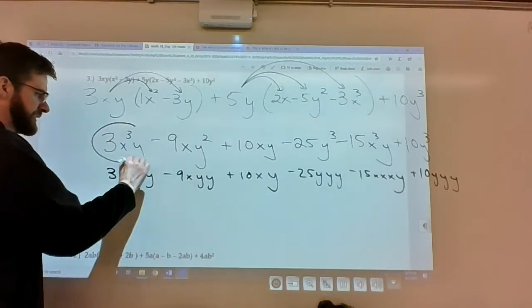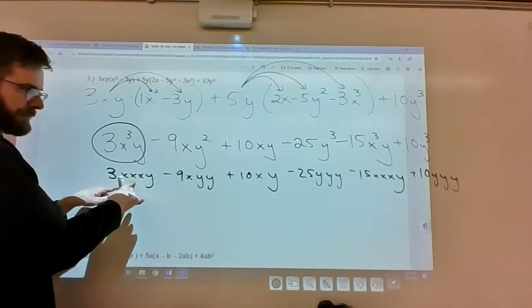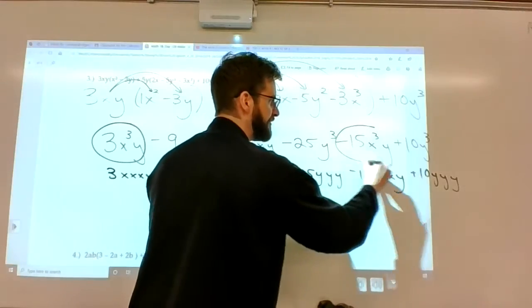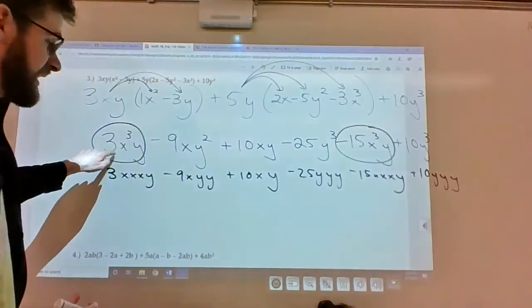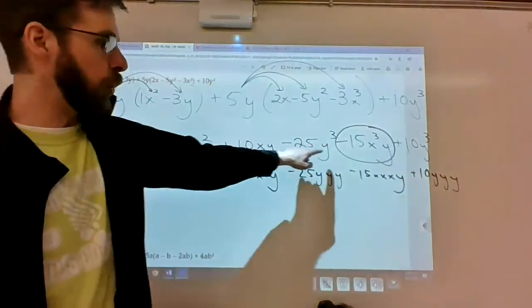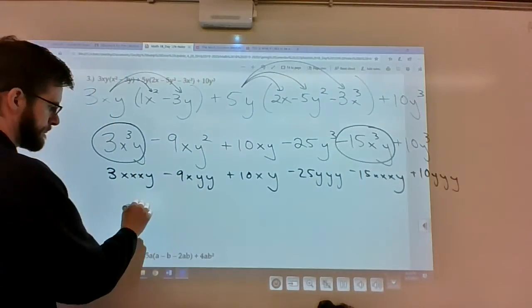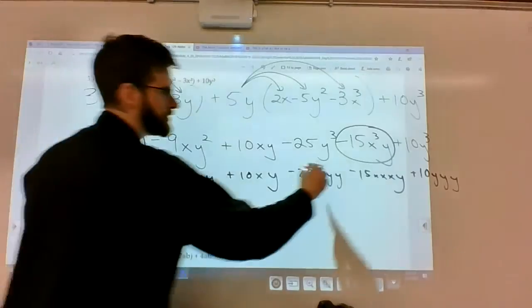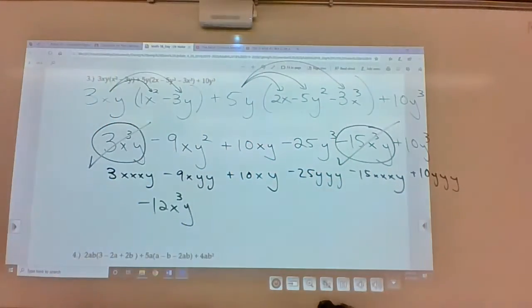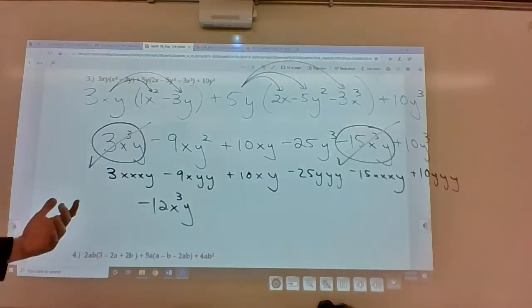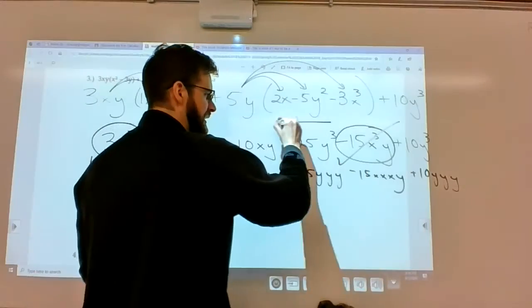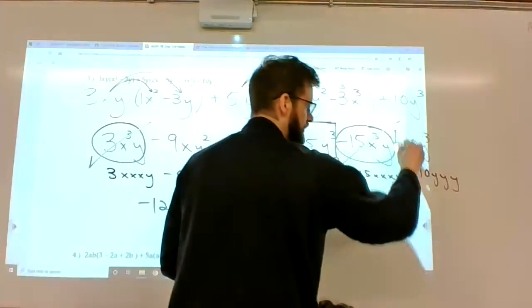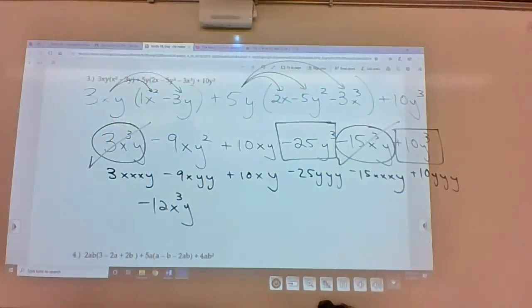So the first one I'm going to take is 3x cubed y because it matches with negative 15x cubed y. That's going to be a negative number, negative 12x cubed y. And then check that off the list. We got it. It appears that the y to the third powers match up.